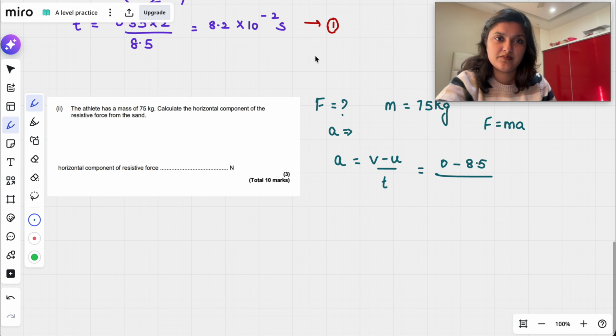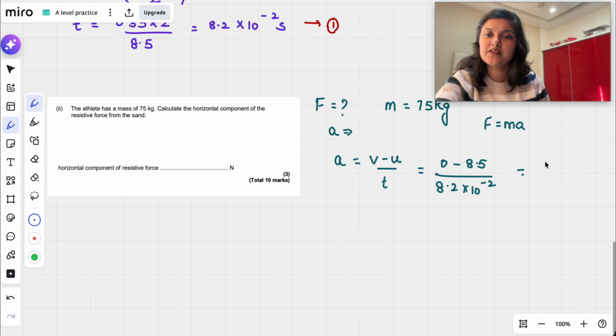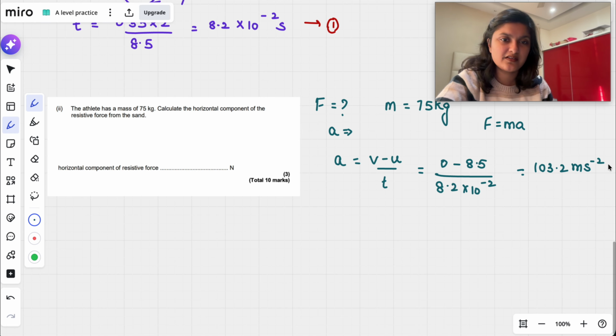And what's your time? Time is 8.2 times 10 to the power of negative 2. Now put that in a calculator. So that's giving me 103.2. And what are the units for acceleration? Meter per second square.